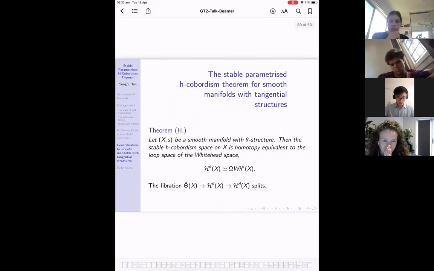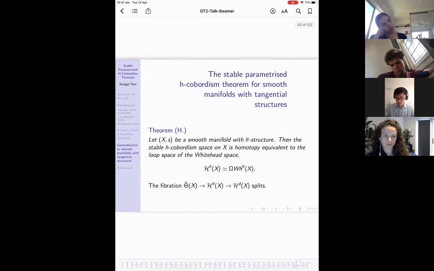And then comes our main theorem, which is the generalization of the stable parametrized h-cobordism theorem to the case of smooth manifolds with tangential structures. Let X be a smooth manifold with a theta structure.